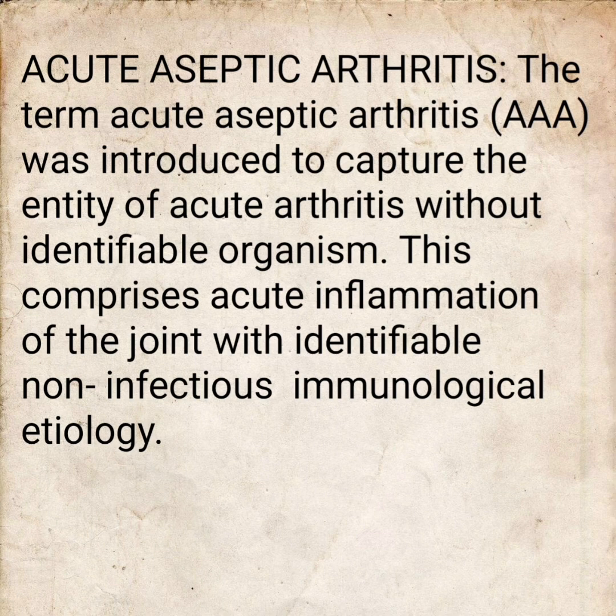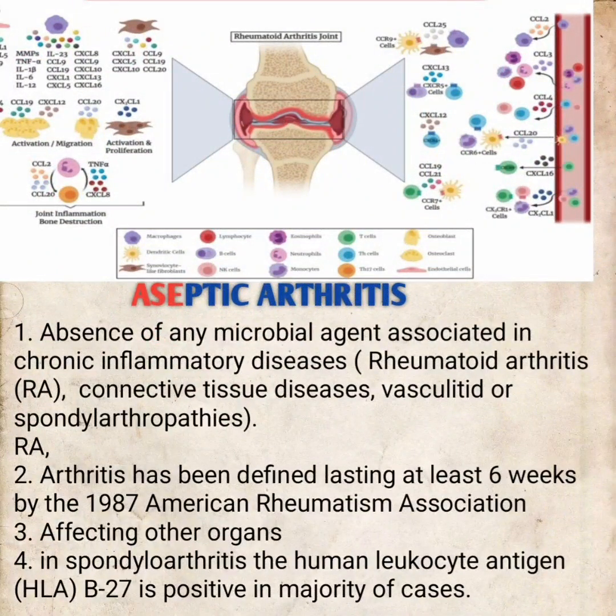There is a kind of trauma there, and the trauma could be as a result of the defense mechanisms attacking that area, and usually it may subside, and that's why it's referred to as acute aseptic arthritis, because if it goes on for long, it becomes a chronic type, which is the aseptic arthritis.